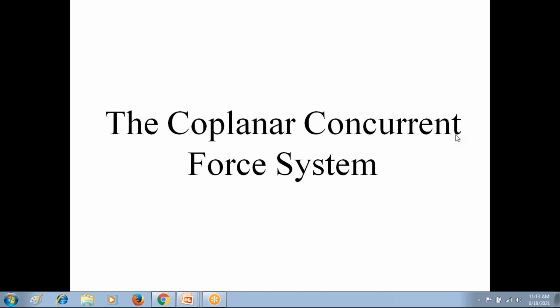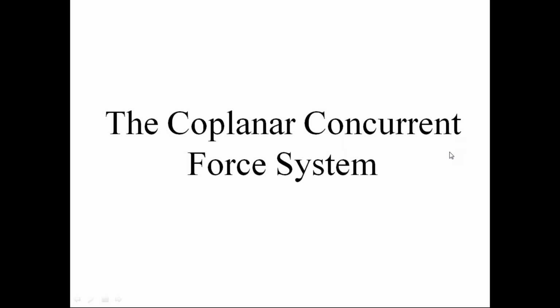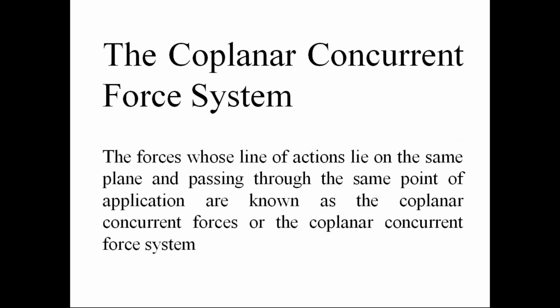We know that a force has the point of application characteristic. If the lines of action of all forces in the force system lie on the same plane and pass through the common point, the same point of application, we call that force system a coplanar concurrent force system. So this is the coplanar concurrent force system in the rigid body.